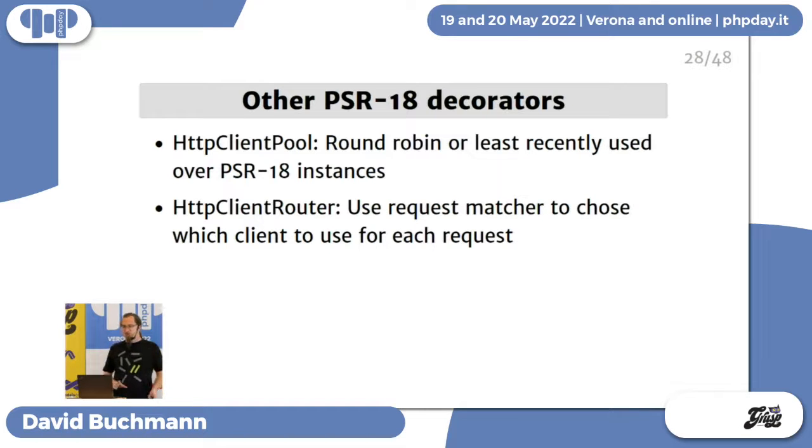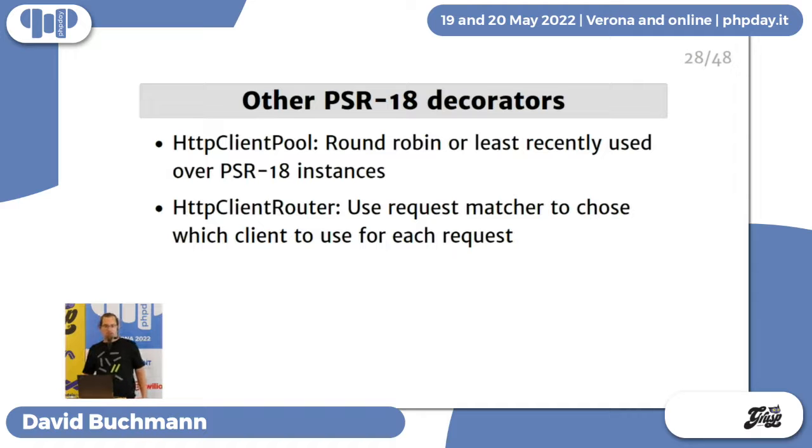And then we have some other convenience clients that you can give any PSR-18 client and they themselves are PSR-18 clients providing some additional functionality, like a round-robin client or least recently used, that takes a number of clients and it just goes to one of them.